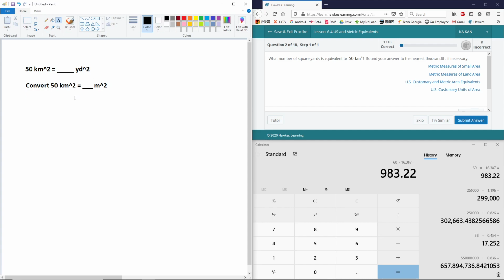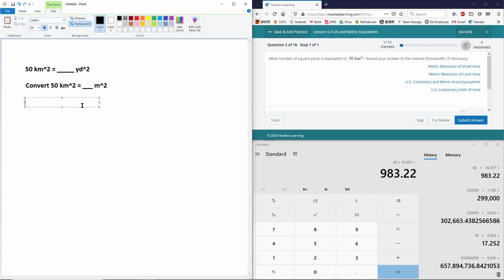Now again, 1 kilometer is 1,000 meters. So that's 3 decimal places to the right. The problem is you have a square, so 2 times 3 is 6. So we have to move 6 times to the right.